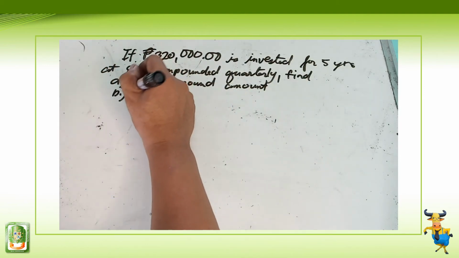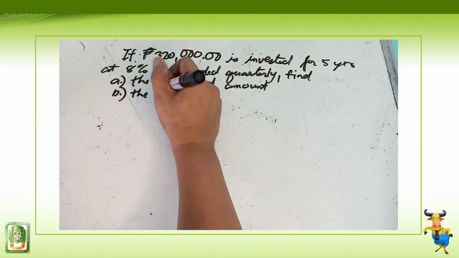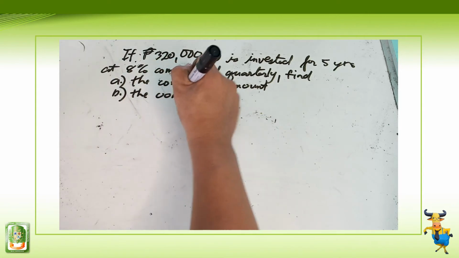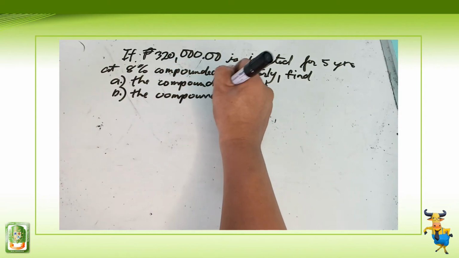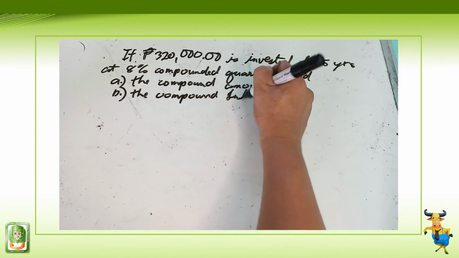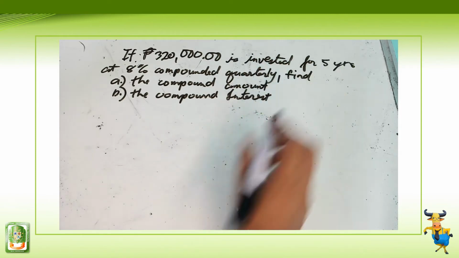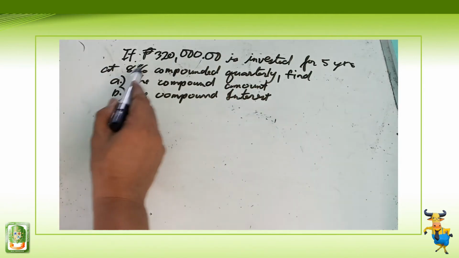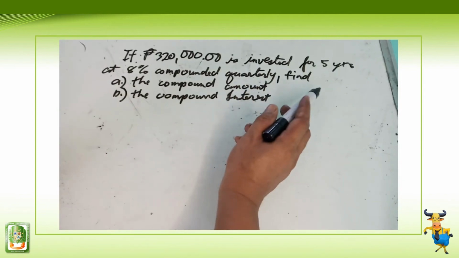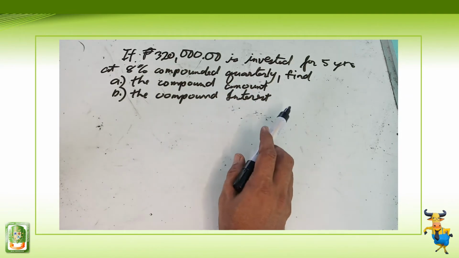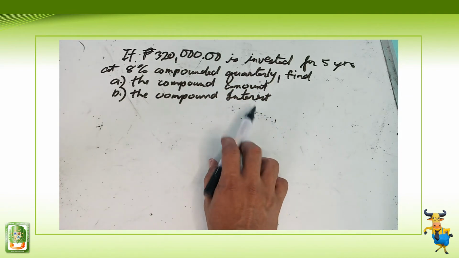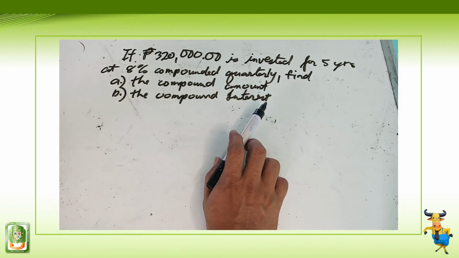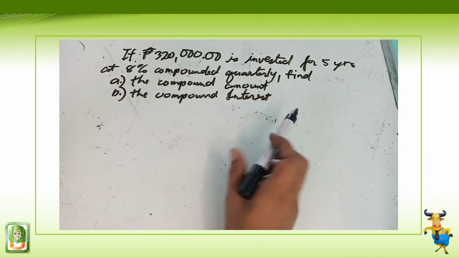In letter B, we are going to find the compound interest. So, unahin muna natin to find ang compound amount.